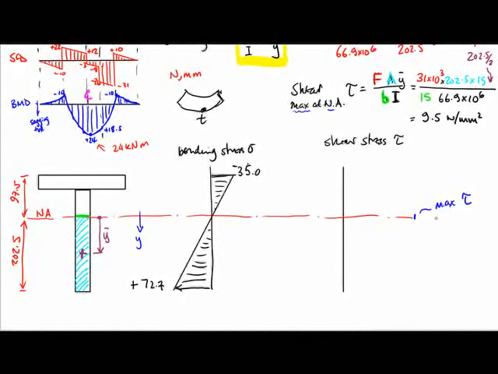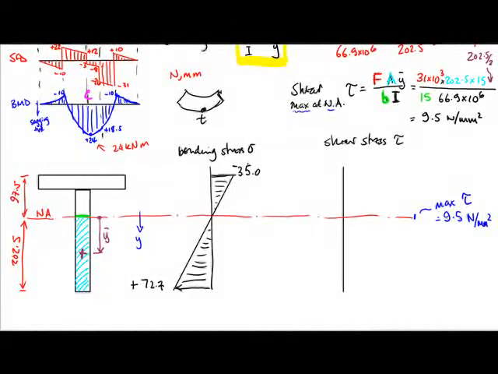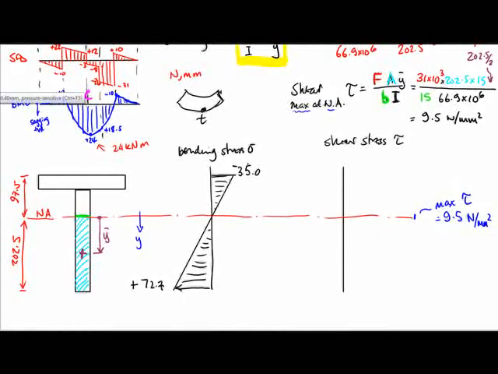So the maximum shear stress is significantly smaller than the maximum bending stress, as is typically the case for a fairly long beam with not much depth in it. Typical beams generally have bending as the dominant action. So that gives us the shear stress value at the neutral axis.